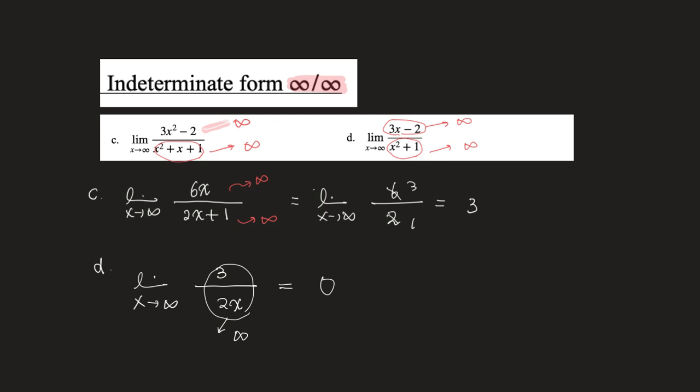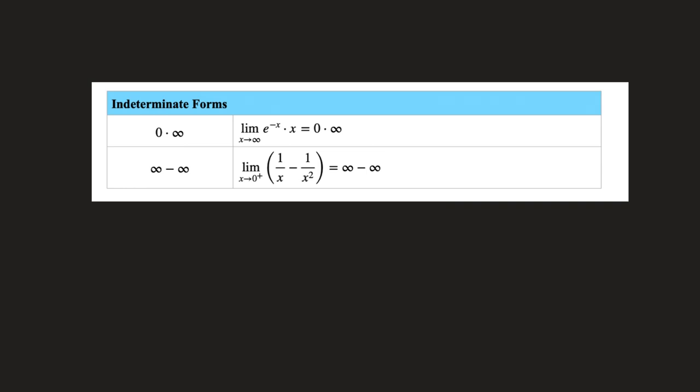So now we have studied the indeterminate forms 0 over 0 and infinity over infinity. Now we're going to study a different indeterminate form. Next slide. The first different indeterminate form is, guys, look at this, 0 times infinity.